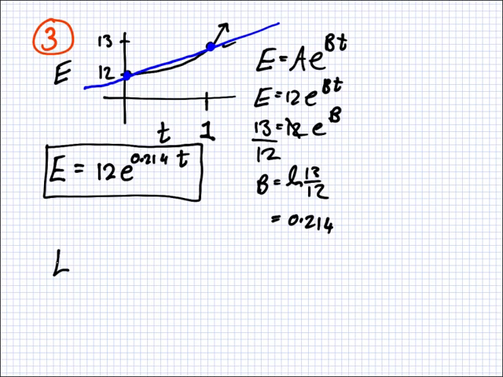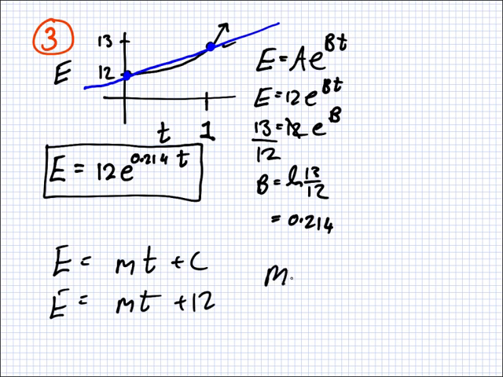So in this case it'd be E equals mt plus c. And in fact we can see what the c is. It's 12, isn't it? And then how can I get the m? Well, by using the formula: m equals (y2 minus y1) over (x2 minus x1), which equals 1. So that means E equals 12 plus t.